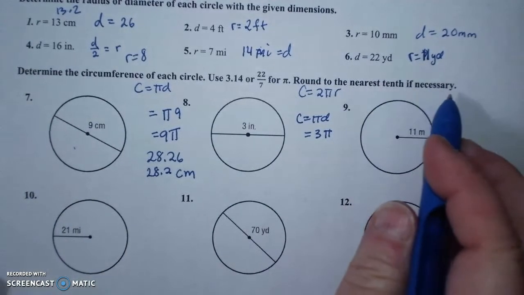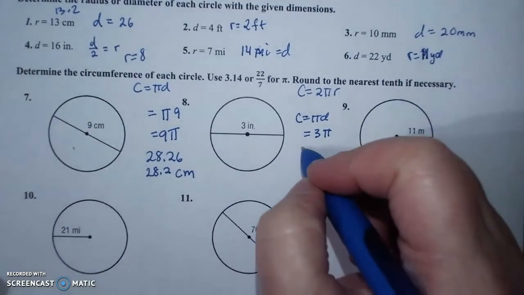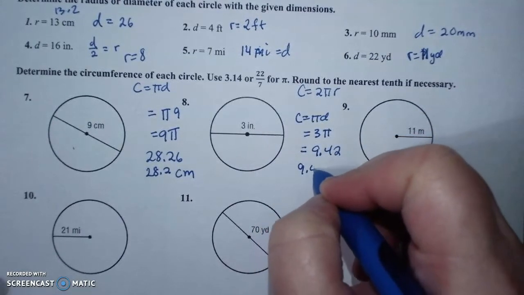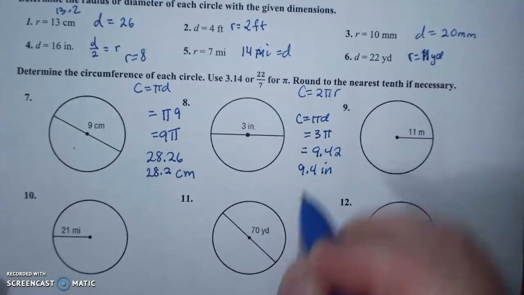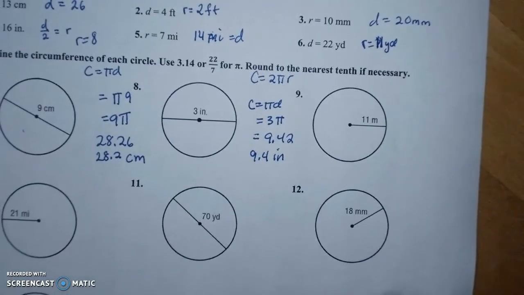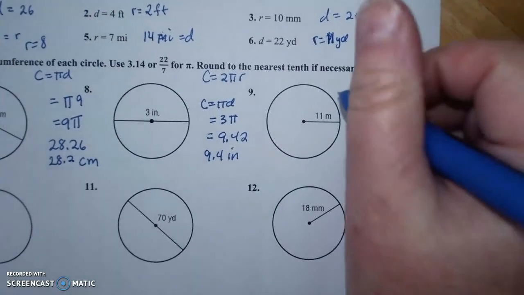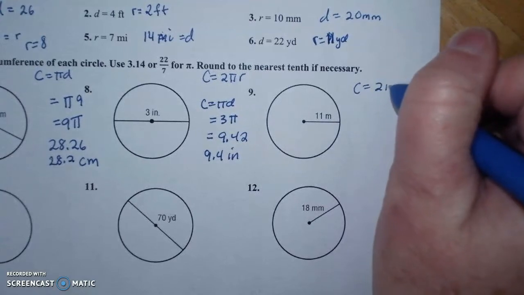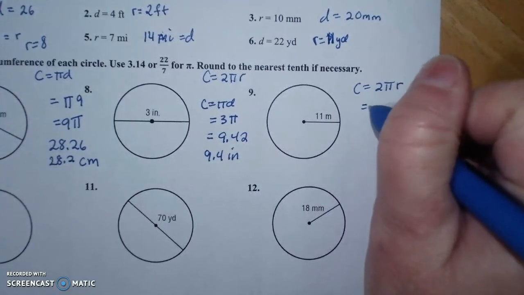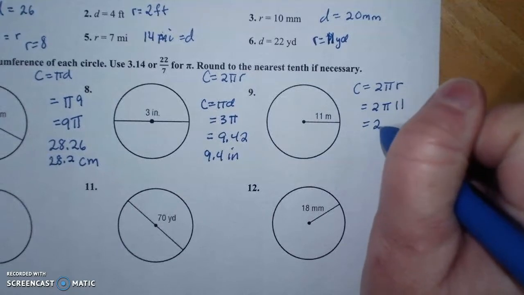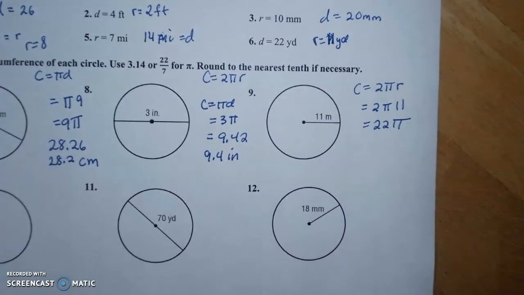But this says round to the nearest tenth, so it's telling me to do that. And that is 9.42, so my answer is 9.4 inches because it is a string and it's the perimeter of a circle.